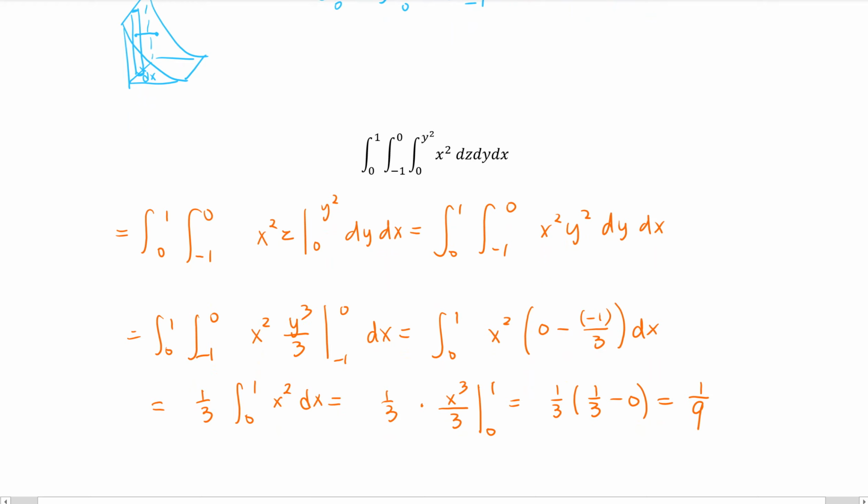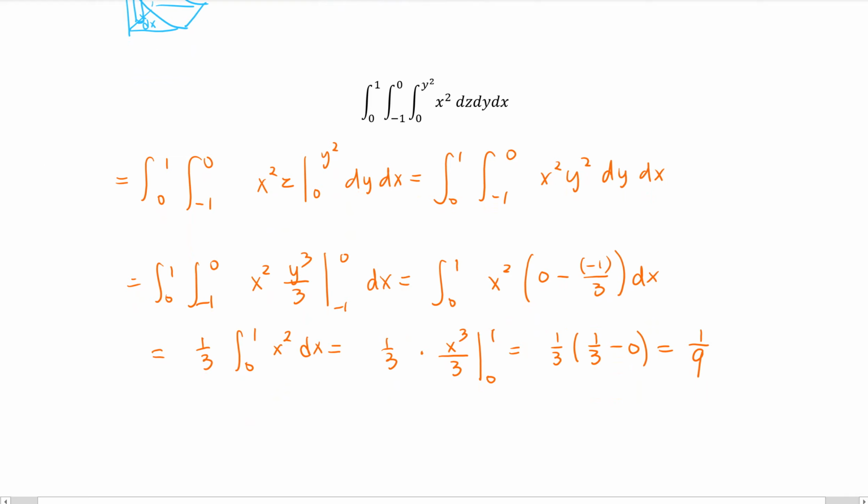Okay, so that is session 13.5. So I hope you can do more exercise. Besides your homework, you can find some problems from your textbook to practice. And also try to set up the triple integrals in different orders.